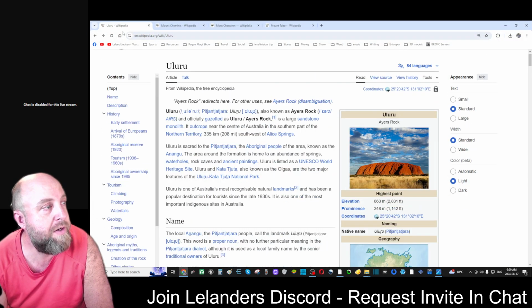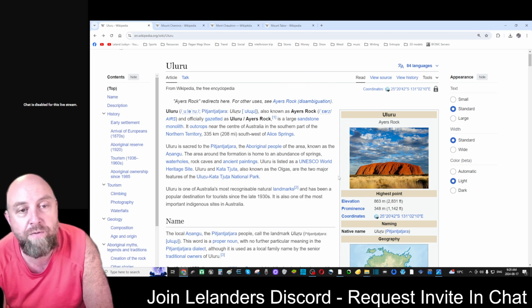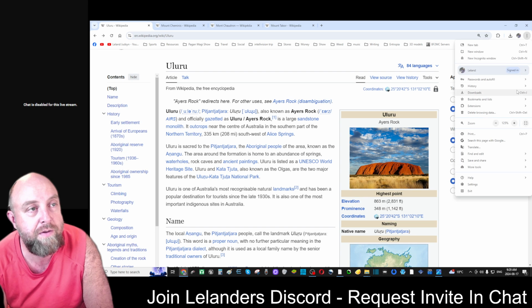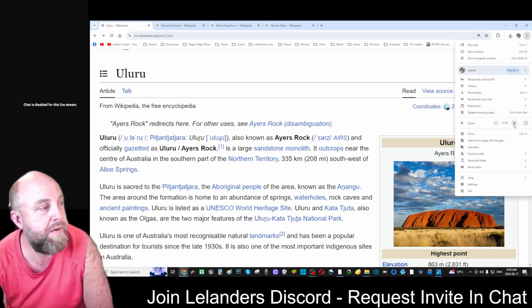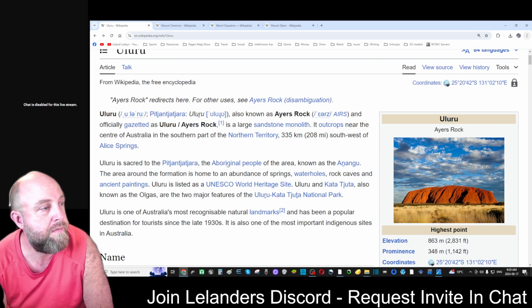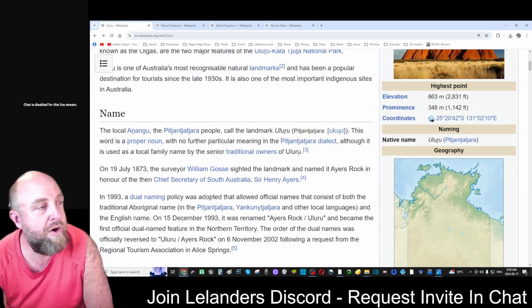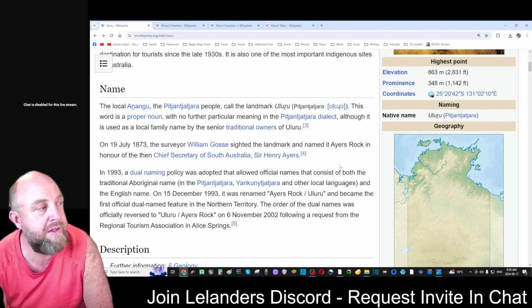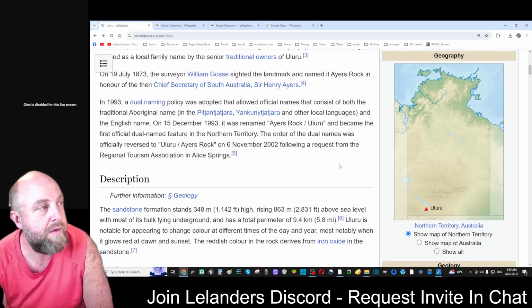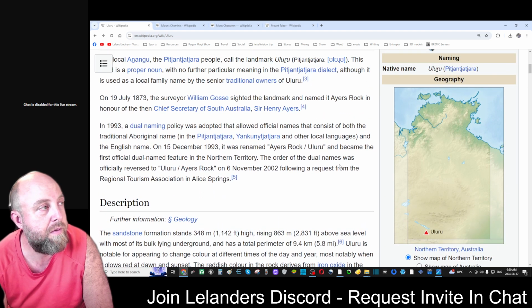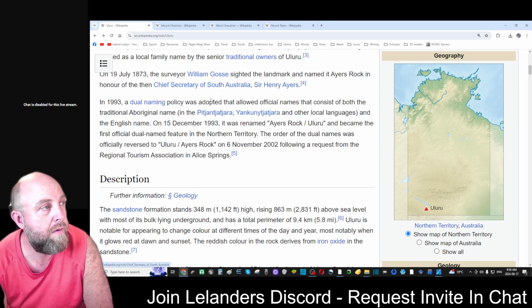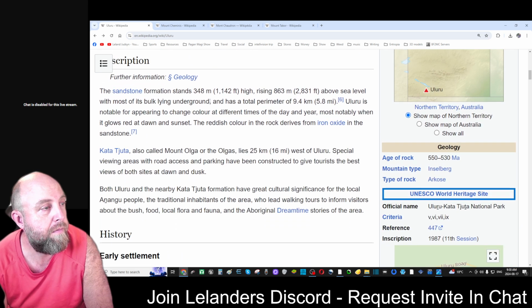Alright, so here's Uluru, the one that we've been discussing in Australia. It's part of a UNESCO heritage site. That's cool. This area is rich in iron oxide.